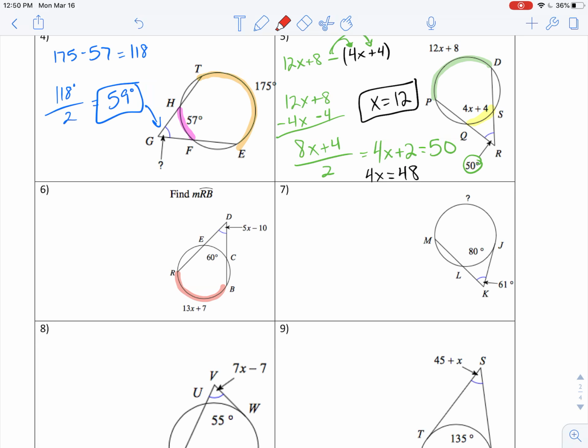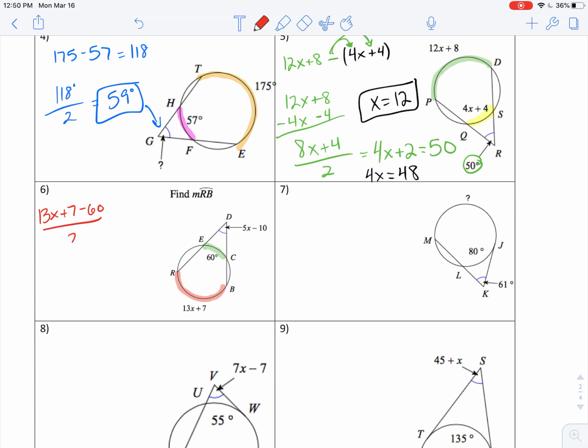Okay, so again, big arc minus your small arc because your intersection point of your 2 secants is outside the circle. So 13x plus 7 minus 60, and then we're going to divide that by 2.